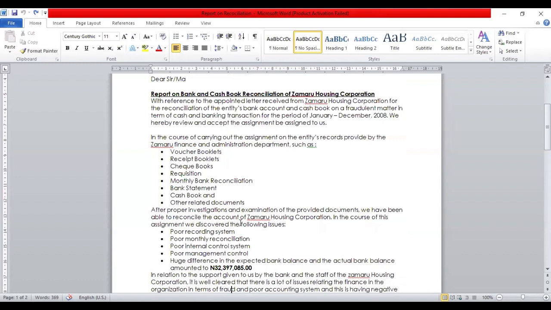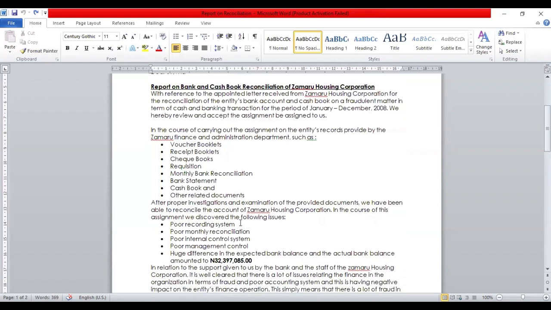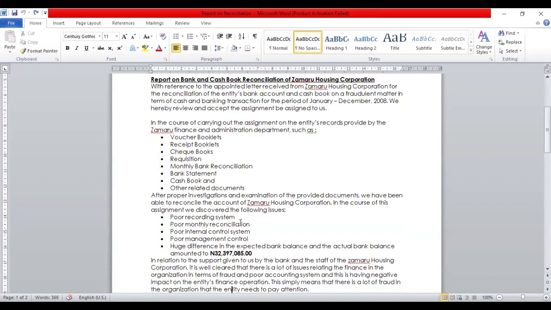In relation to the support given to us by the banks and the staff of Samaru Housing Corporation, it is well clear that there is a lot of issue relating to the finance in the organization in terms of fraud and poor accounting system, and this is having negative impact on the entity's financial operation.